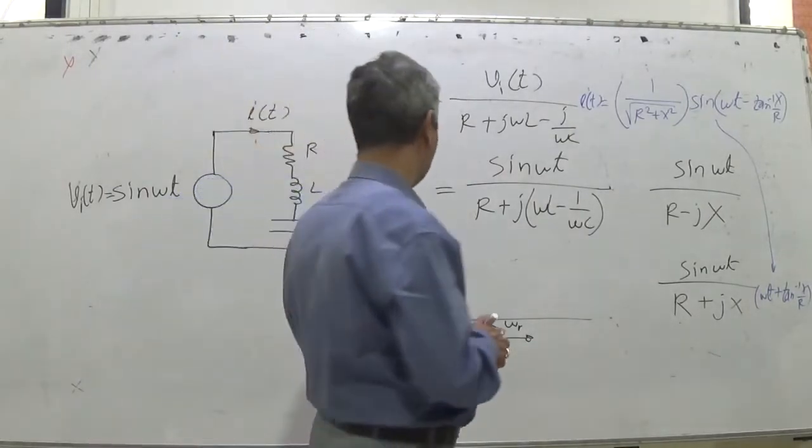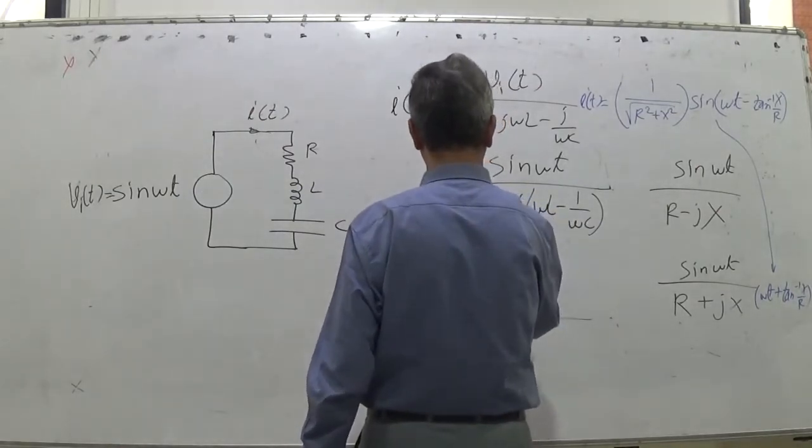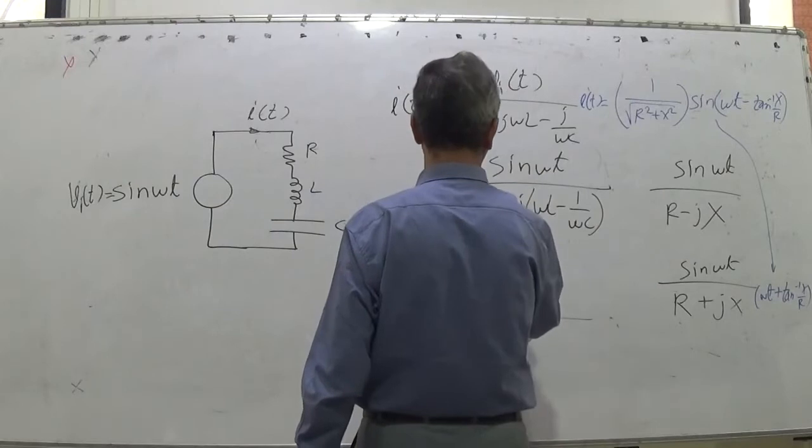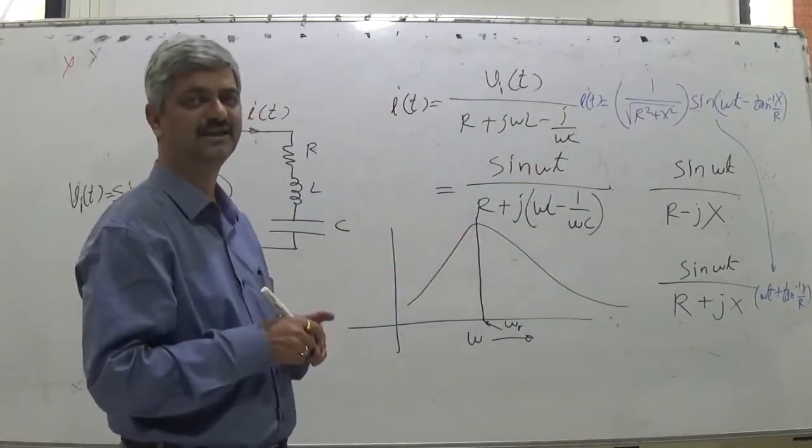So at resonance, the amplitude of the current will be more, and it is going down on both sides.